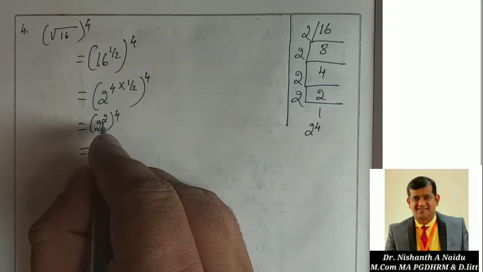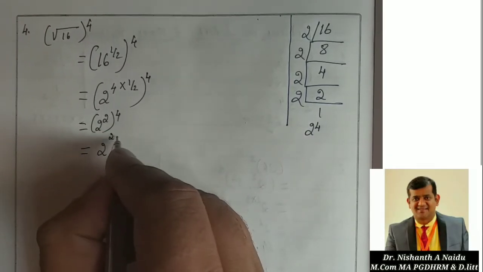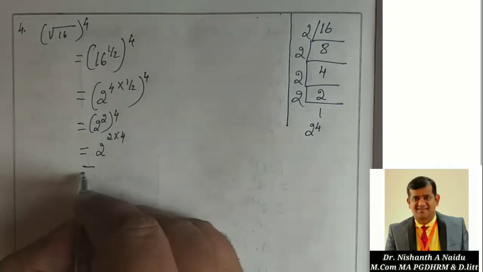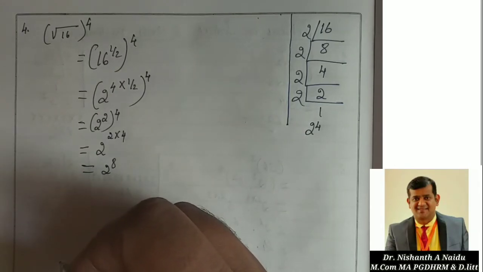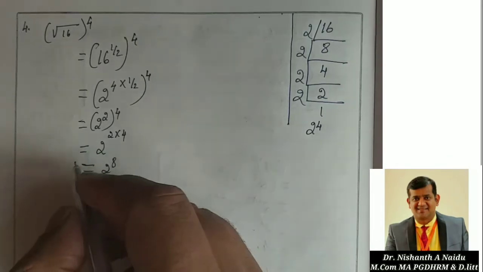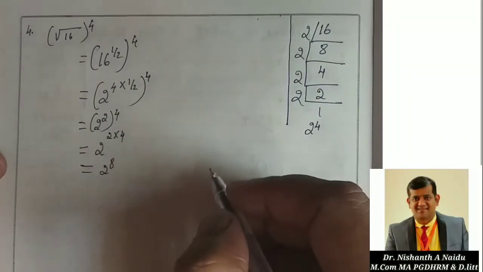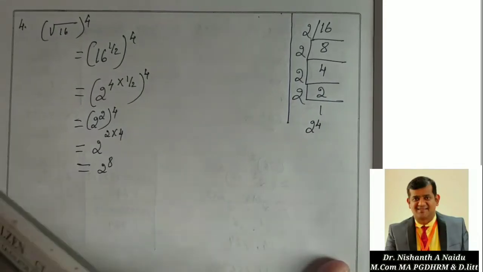Whenever a whole power comes, what are you going to do? 2 to the power 2 into 4. 2 fours are how much? So 2 to the power of 8. Now calculate as I show you the calculator. We cannot write 8 times and multiply every time, so you have to practice directly calculating in the calculator as I showed you in the last video.